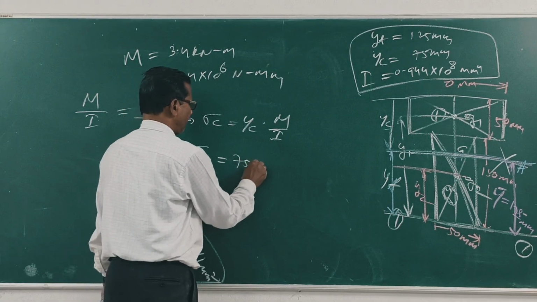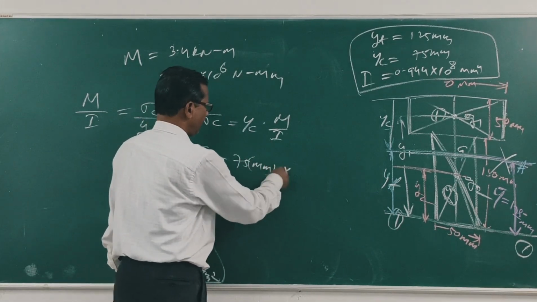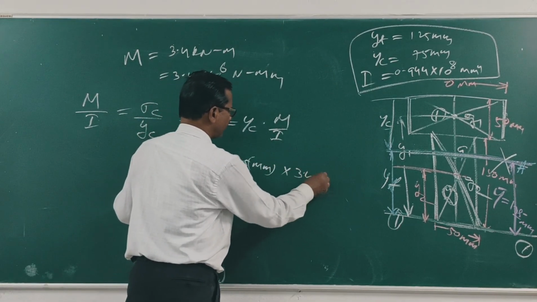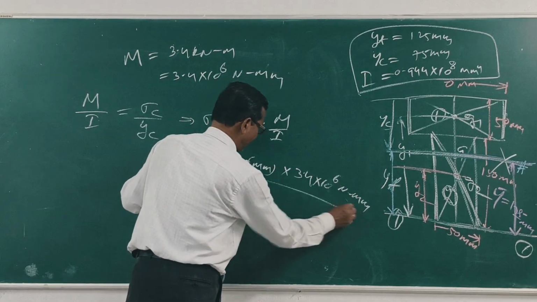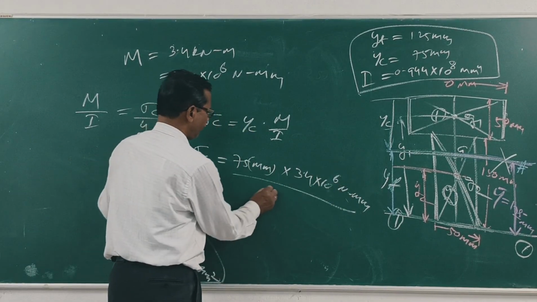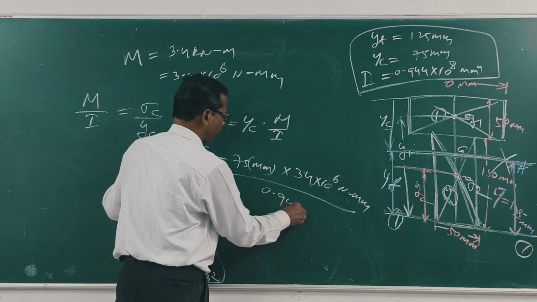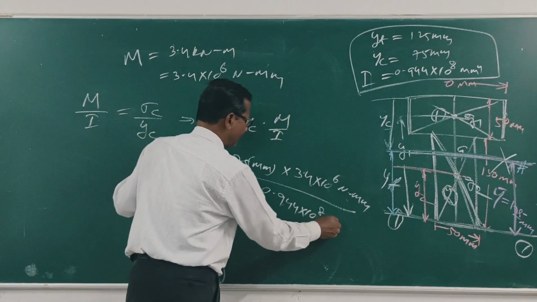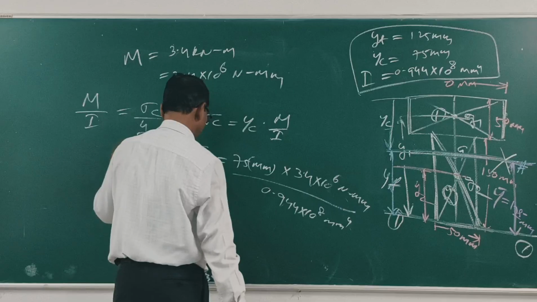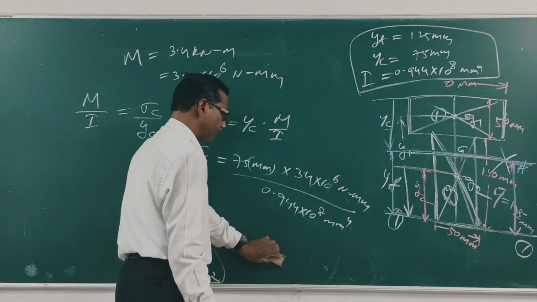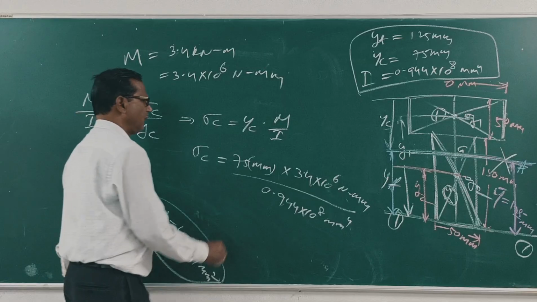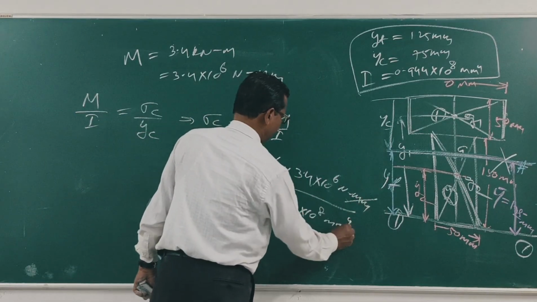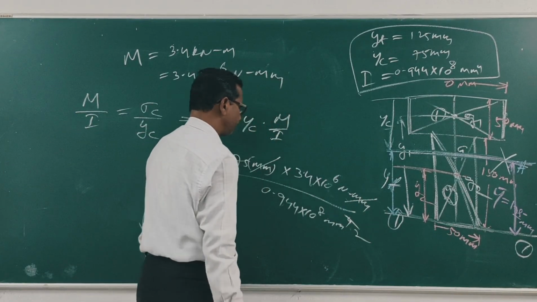75 mm and 3.4 into 10⁶ Newton mm by I, 0.944 into 10⁸ mm⁴. Right? mm square.